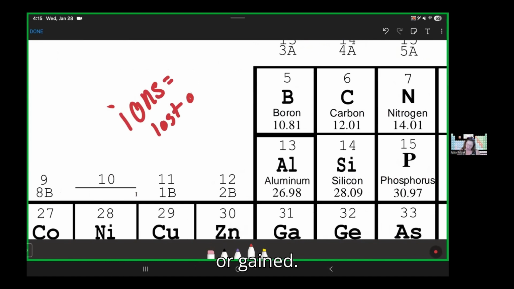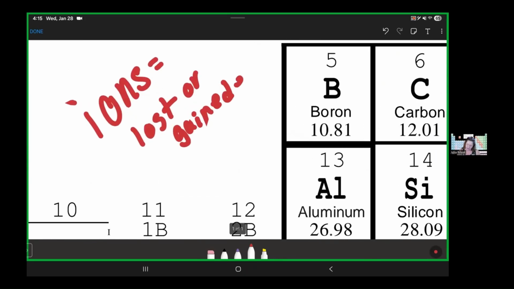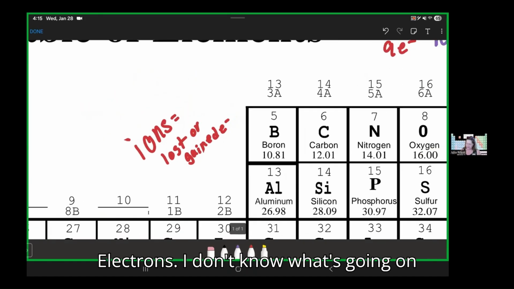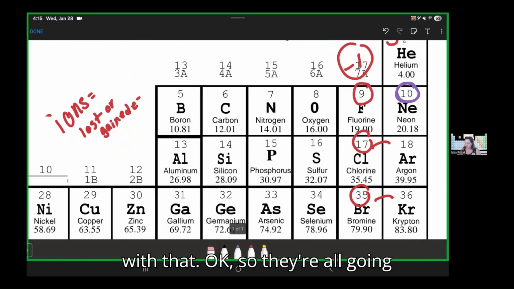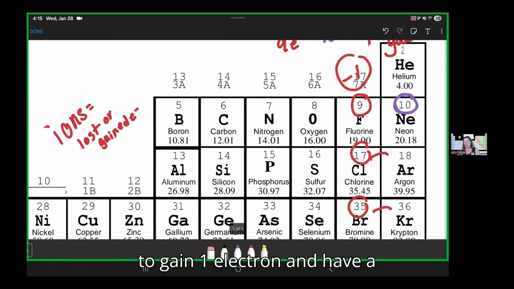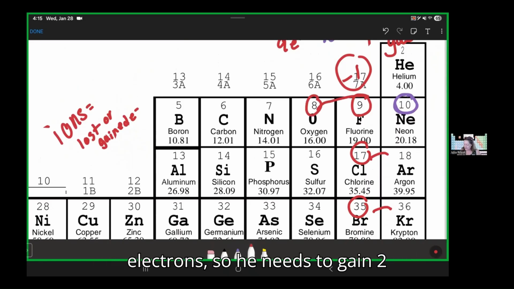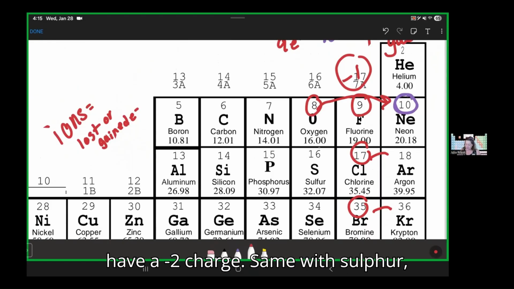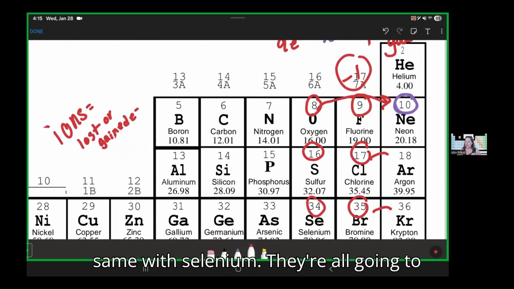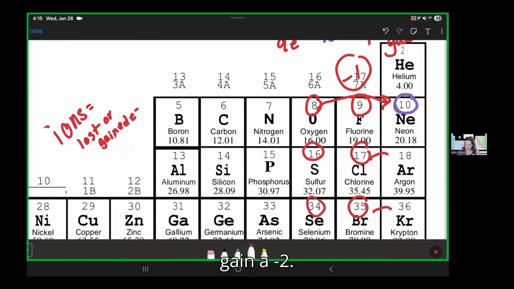So they're all going to gain 1 electron and have a 1 negative charge. Oxygen here has 8 electrons, so he needs to gain 2 to look like neon, so he would have a negative 2 charge. Same with sulfur, same with selenium. They're all going to gain a negative 2.